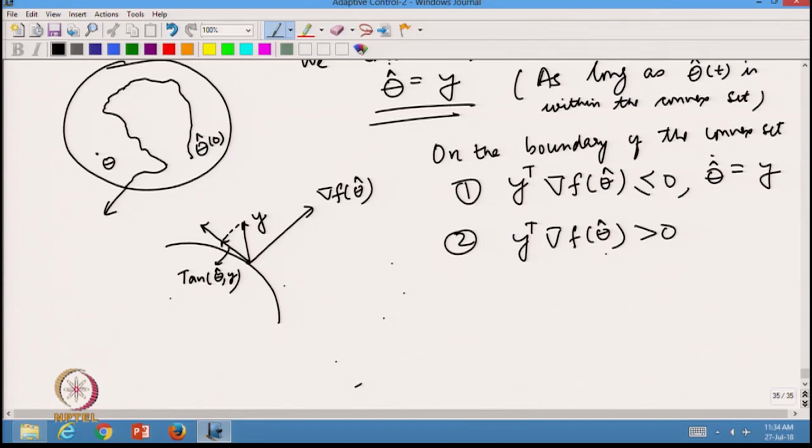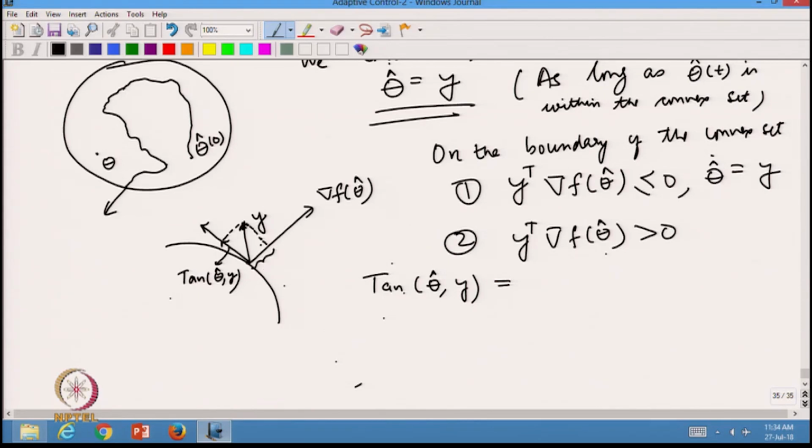So, it is a function of theta hat and y. So, how do we find this tangential vector? We know that this vector is basically given by, you can use the law of vector addition here, this vector y minus this vector, which will give you the tangential vector.